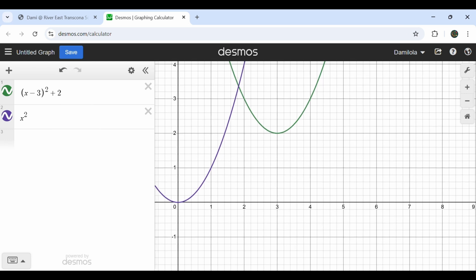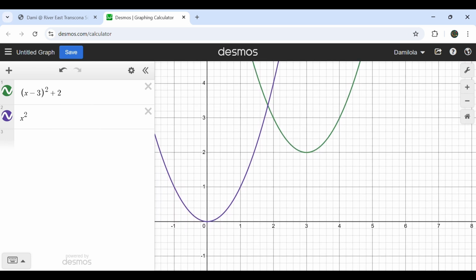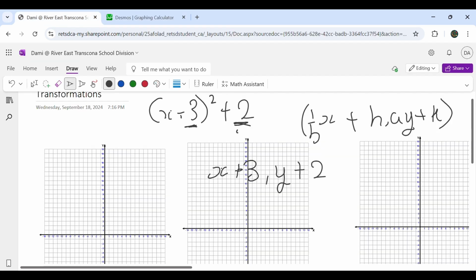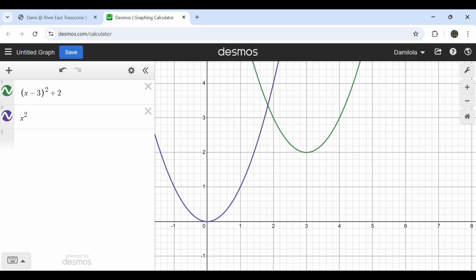You can see it moved up by 2 and right by 3. It's basically the same thing, except it moved up and right by 3.